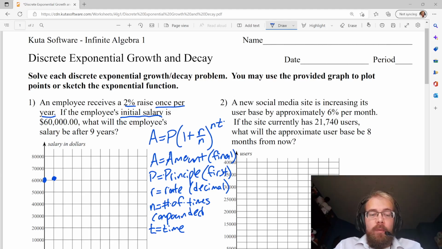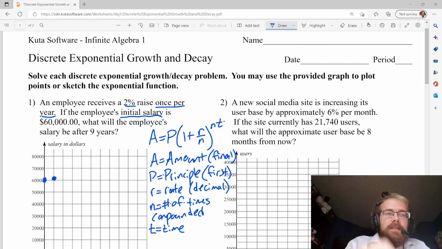So we take 61,200 times 1.02, the 1 being that we're multiplying it by itself, and then the 0.02 that we're going up by 2%. So 61,200, which is how much you make after a year, times 1.02, and I get 62,424.